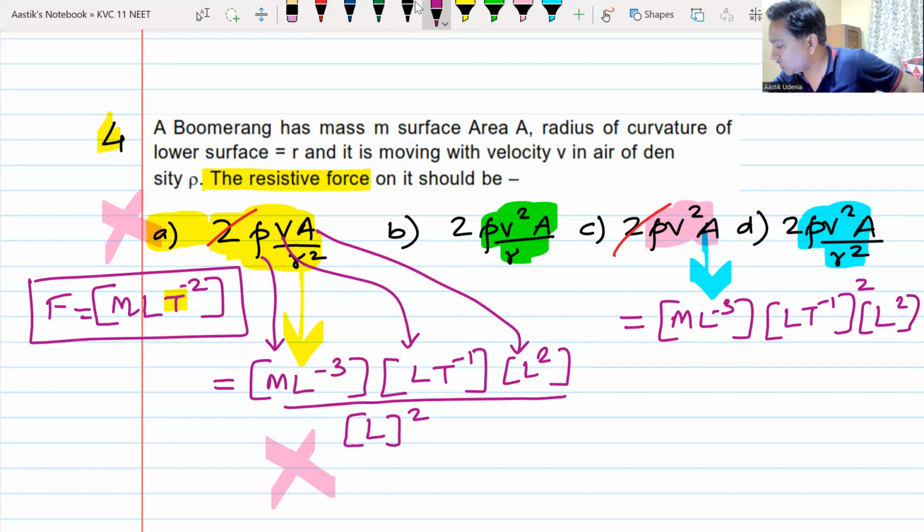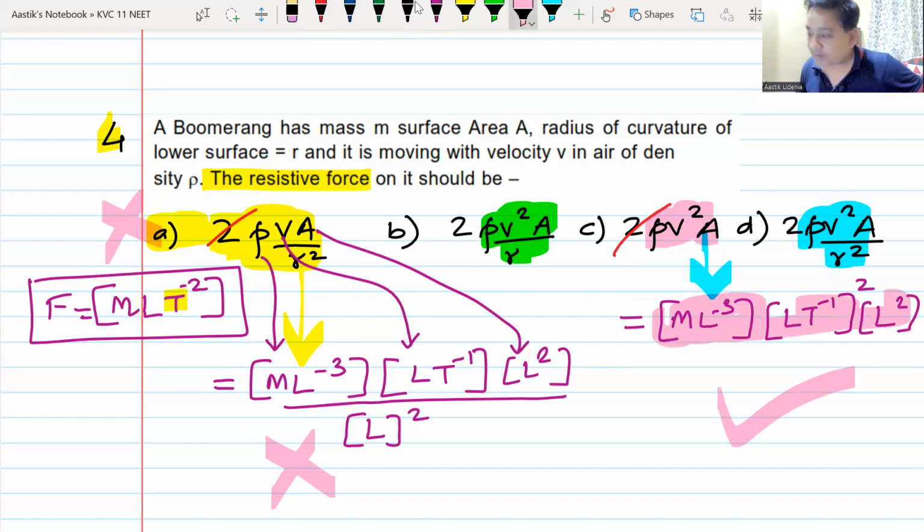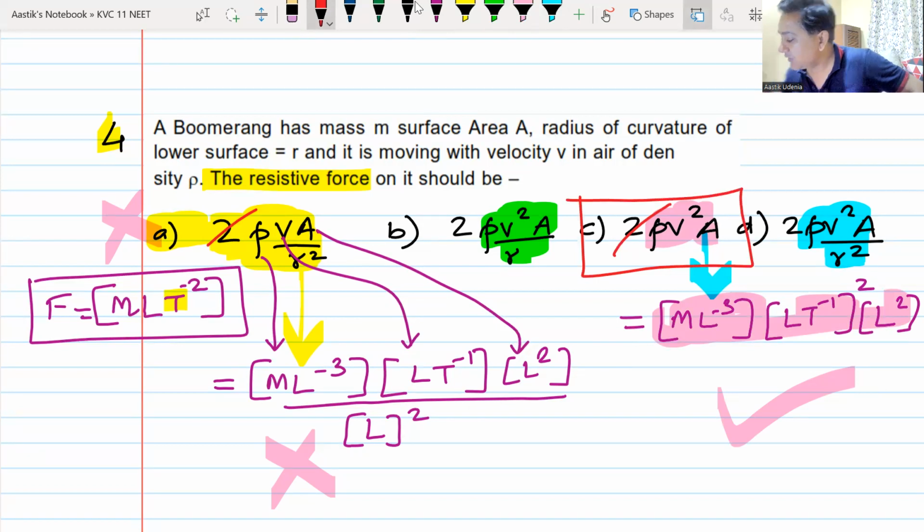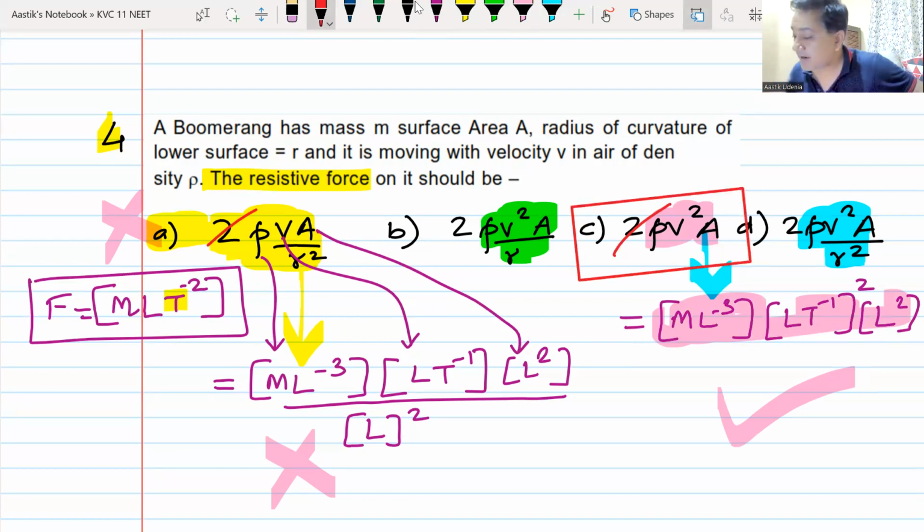And then I check the dimension on the right hand side with the dimension of the left hand side. Are they matching, my dear friends? Yes, sir. They are matching, and therefore the only option which will match is option number C, and therefore C becomes my correct answer.